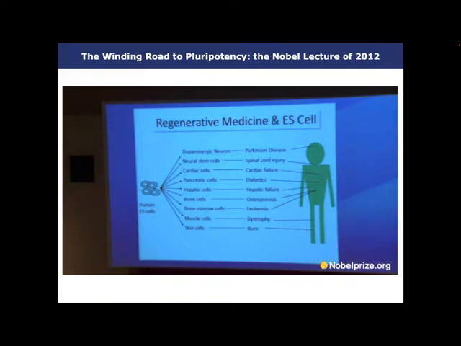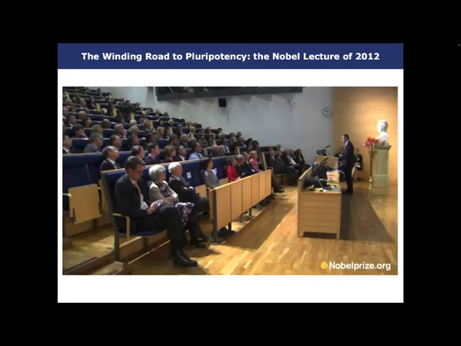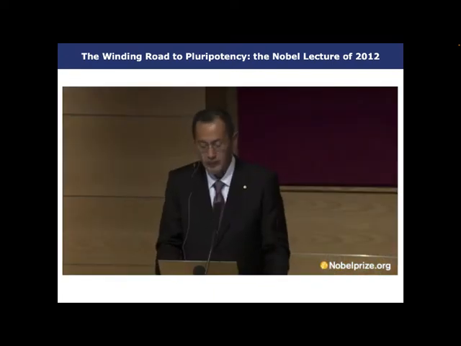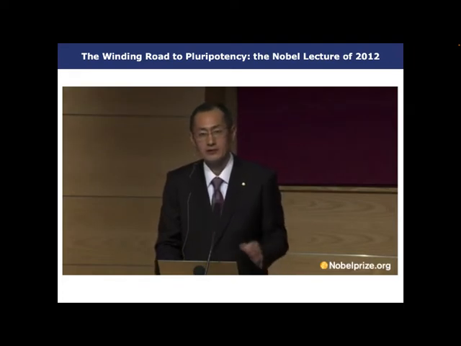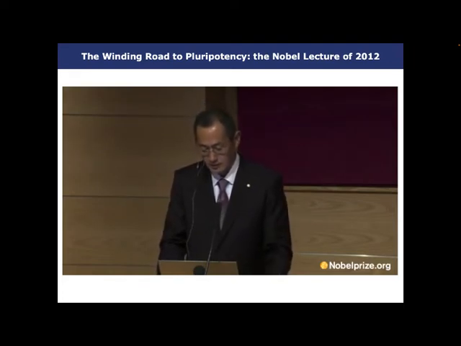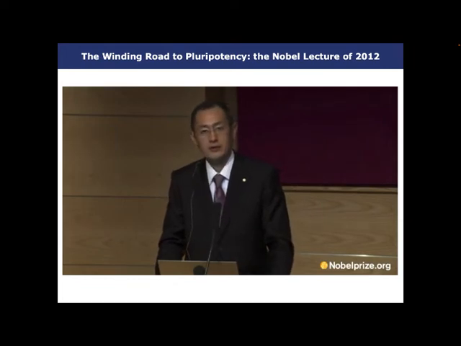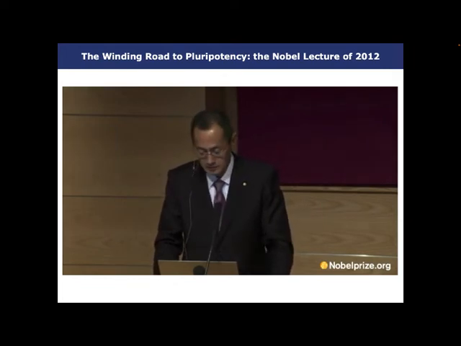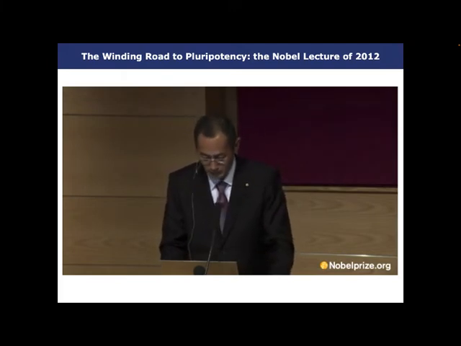Then we could use these human cells to treat patients suffering from various diseases and injuries, such as Parkinson's disease and spinal cord injuries. So it turned out that ES cells could help patients, not mouse patients, but human patients. When I first read the Science paper by Dr. Jamie Thompson, I got so excited. I still remember that moment.